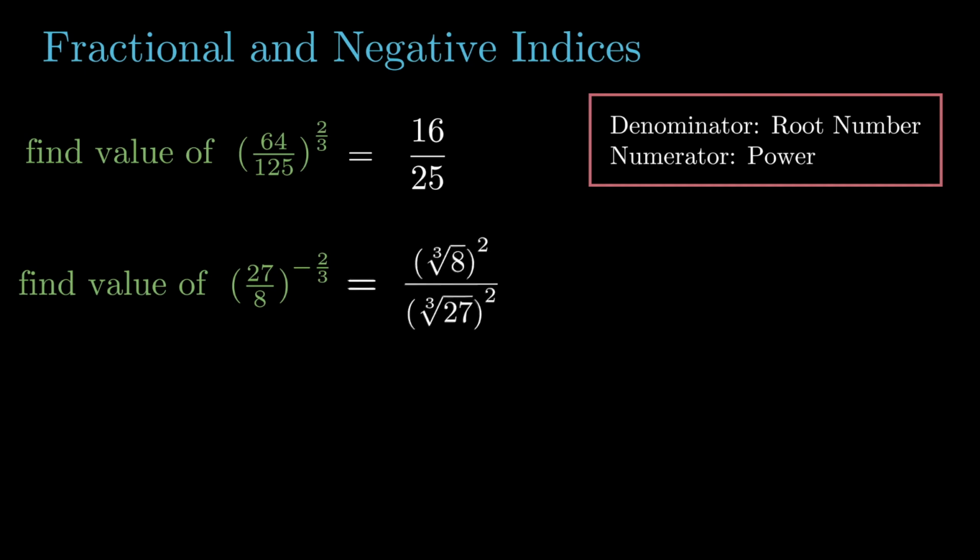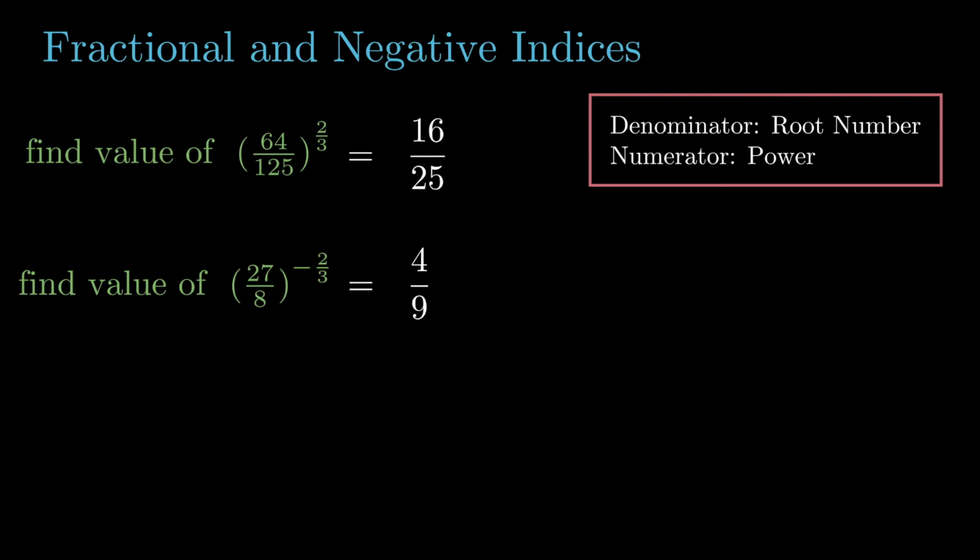So 8 to the power of 2 over 3, we have to cube root 8, which is 2, and then 2 squared is 4. And for the last one, 27 to the power of 2 over 3, cube root 27, which is 3, and then 3 squared, which is 9. And the final answer we get is 4 over 9.